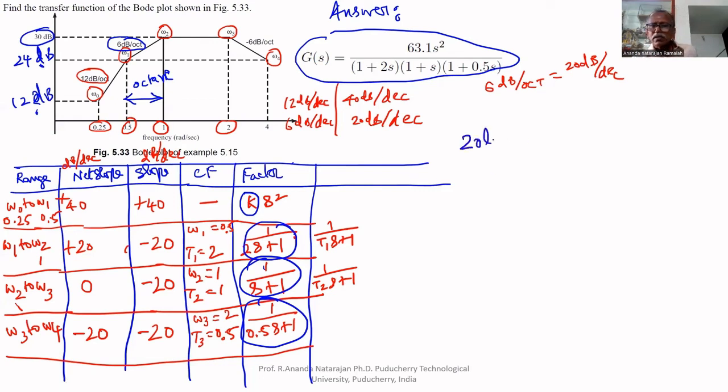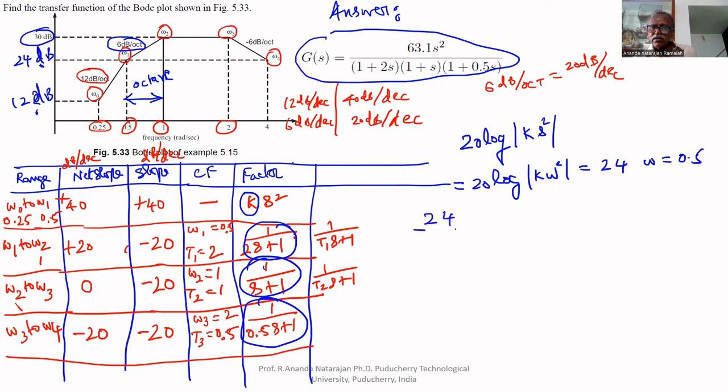20 log modulus of K s square is equal to 20 log K omega square, equal to 24, where omega equals 0.5. Therefore, 24 divided by 20 equals log K times 0.5 square.